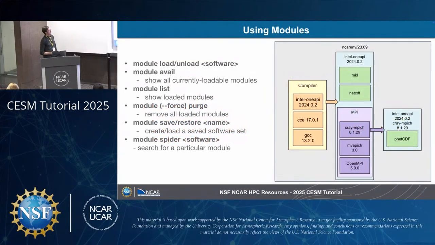Using modules, there's a pretty small set of commands you need to know. The way they work and what they do is, there's a whole bunch of software on the systems, and it's not all compatible with each other. So if you're using the software through modules, it's making sure that whatever's in your environment is all mutually compatible. And there are tiers of compatibility, and tier 0 is what compiler are you using.